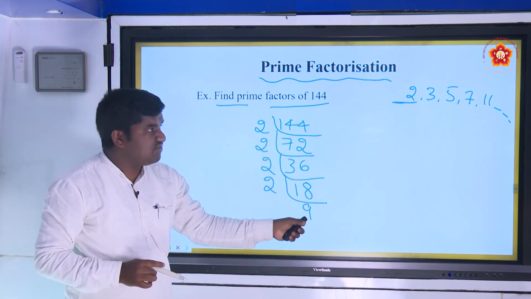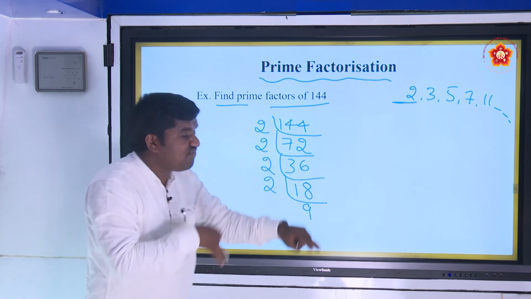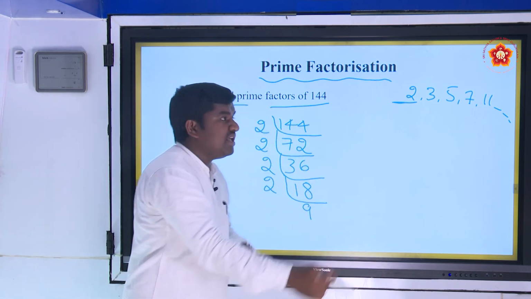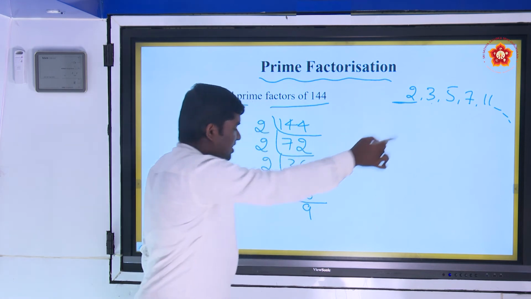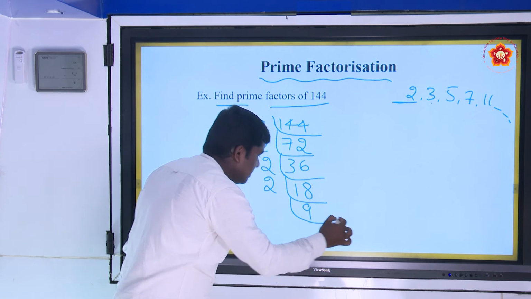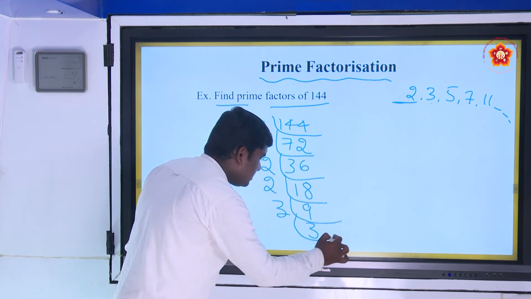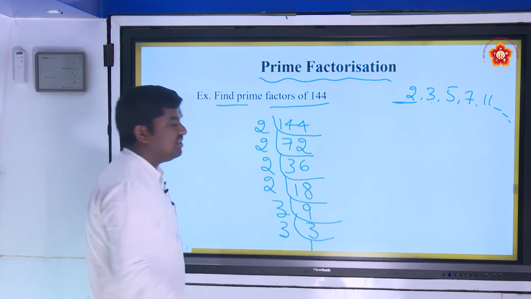Is 9 divisible by 2? No. Next, go for the next prime number. The next prime number is 3. Is 9 divisible by 3? Yes, so take 3. 3 3s are 9. Next, 3 1s are 3.